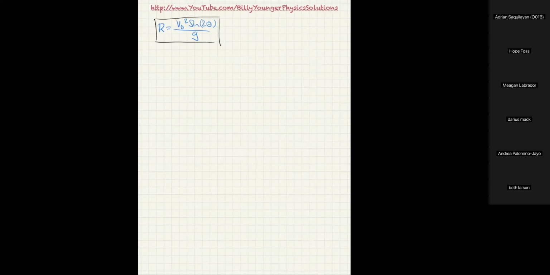Now I can go ahead and say this, just pointing out again what I'm looking at here. If this is R and this is theta, this function R of theta looks like this. The peak occurs at theta equals 45 degrees, which, remember, pi is 180, pi over 2 is 90, so this would be pi over 4.